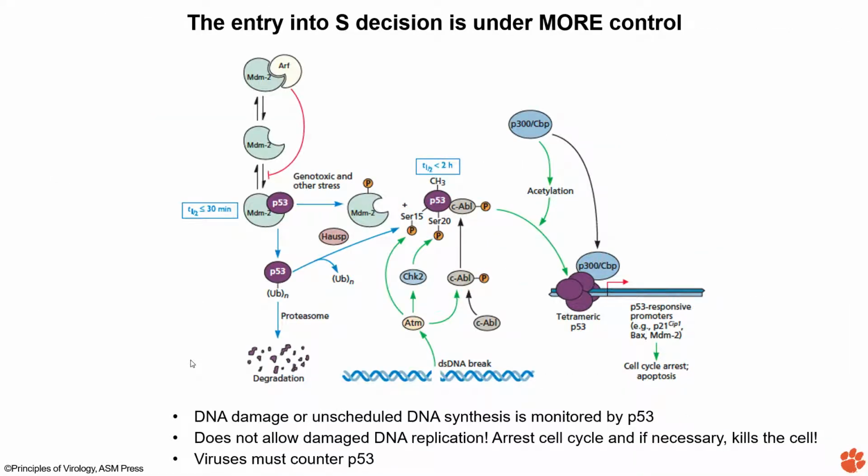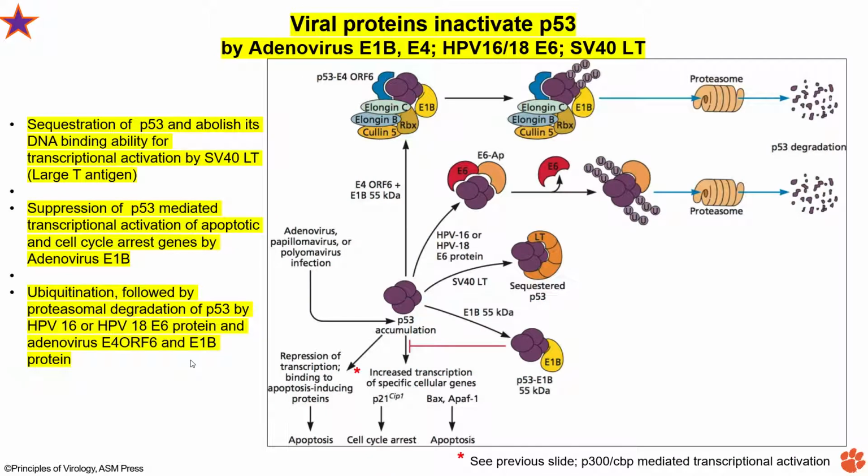So that's all good. Then we are going into this slide, which is a busy slide. Here I just added a couple of different things. You have the E1B, E4, also along with that E1A, which we did not talk about, and then HPV 16/18 E6.